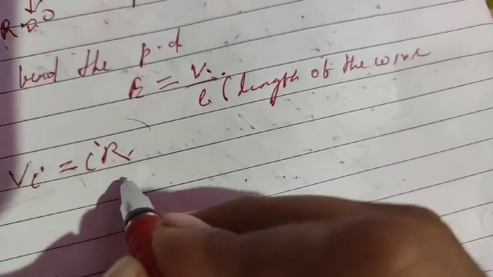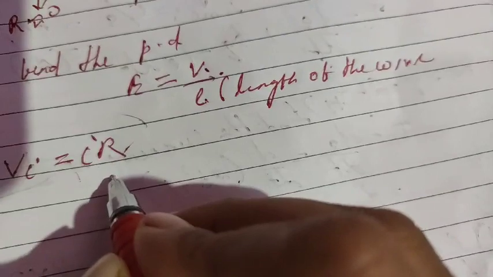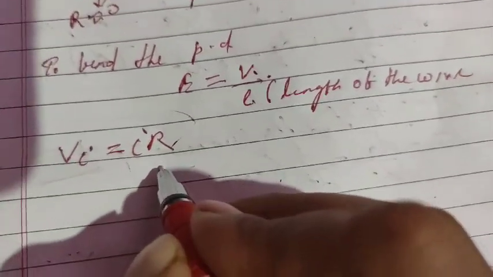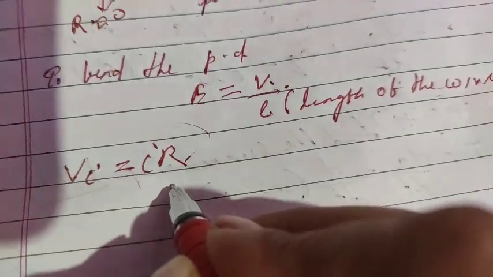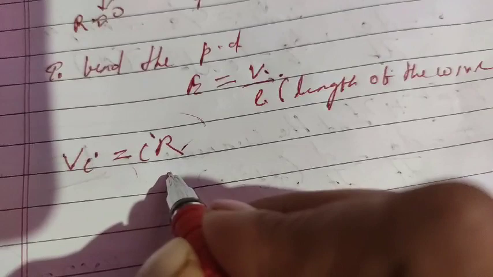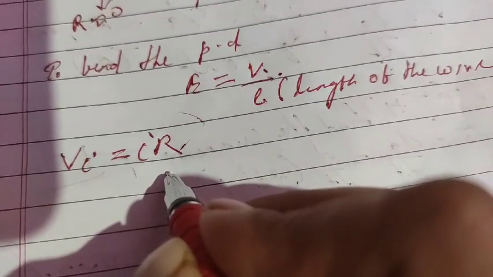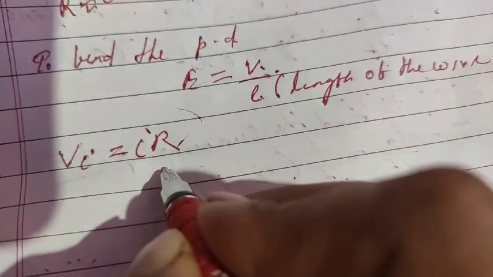The battery will provide the potential when you are applying the electric field. If you are not applying the electric field, that battery will not provide you any potential, okay? So we have to assume that when we are applying the electric field, the battery will provide a potential difference.